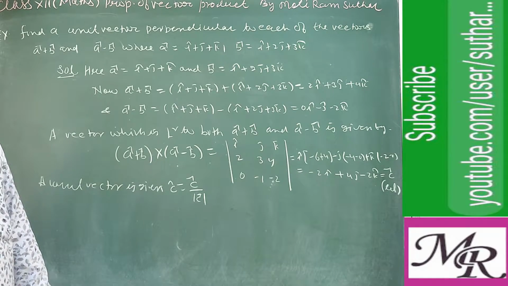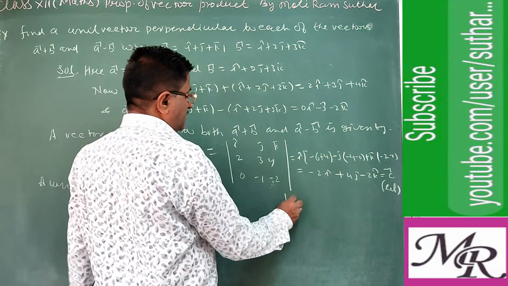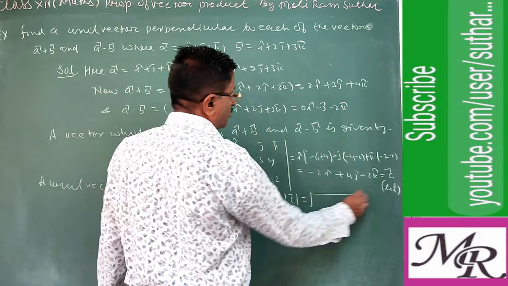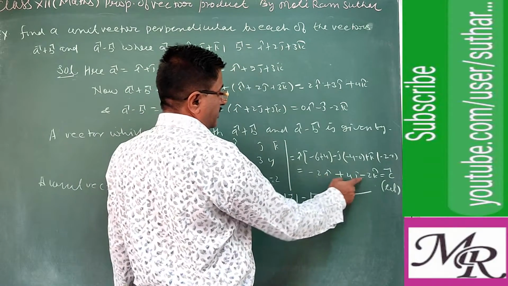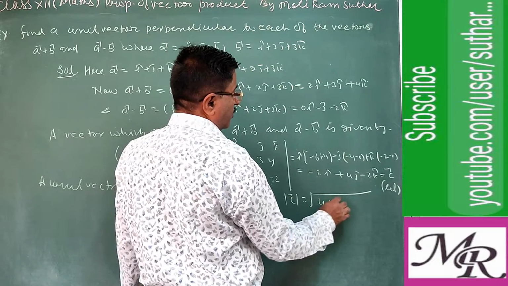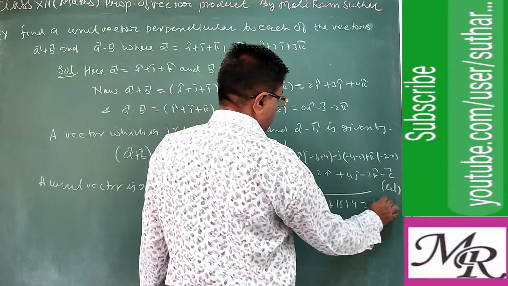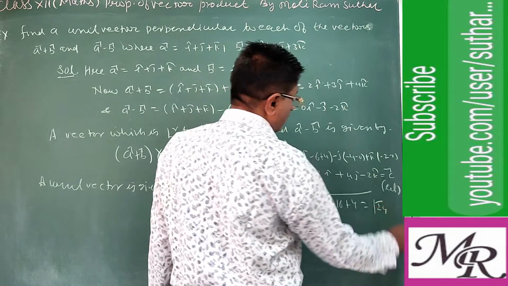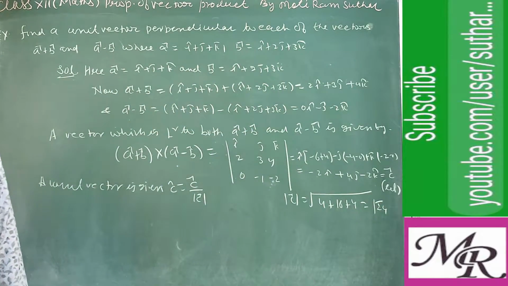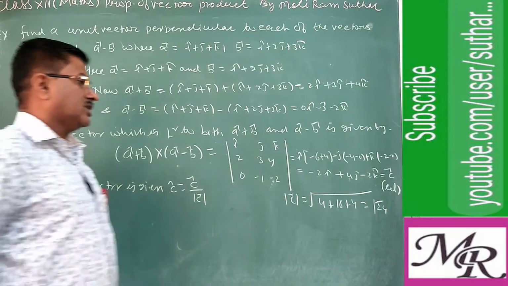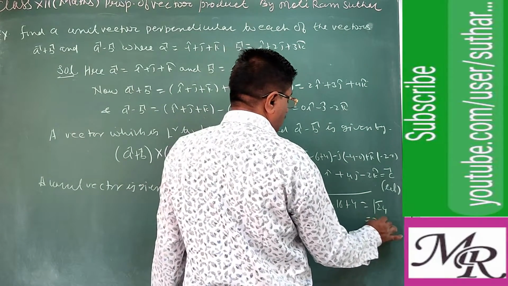Clear? So mod of C equals the root of the sum of the squares of the coefficients of i, j, k. So minus 2 square is 4, 4 square is 16, minus 2 square is 4. So we can say 24. So the magnitude of this vector is root 24, which can be written as 2 root 6.